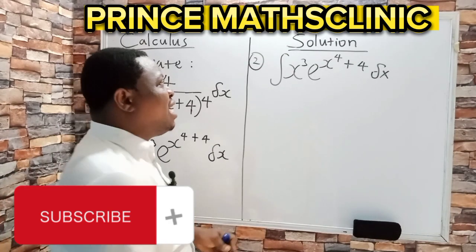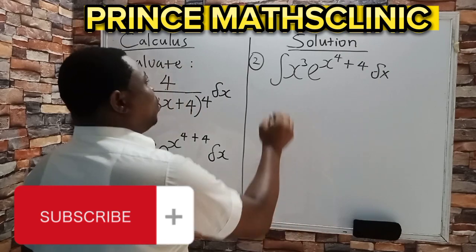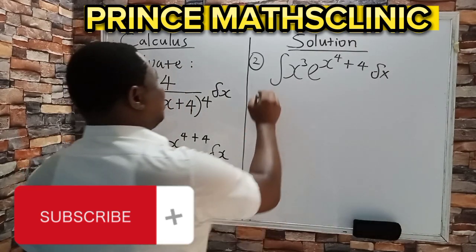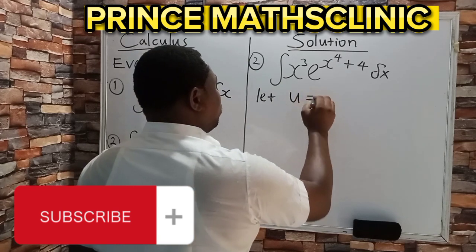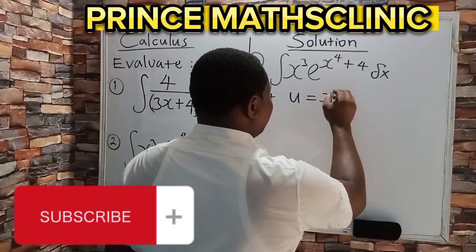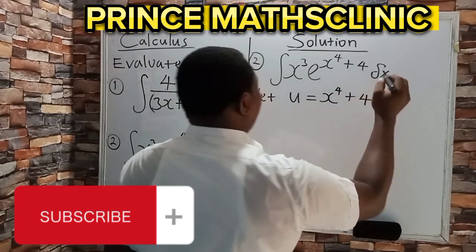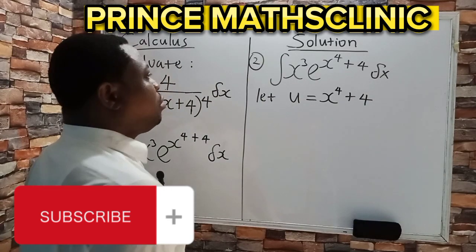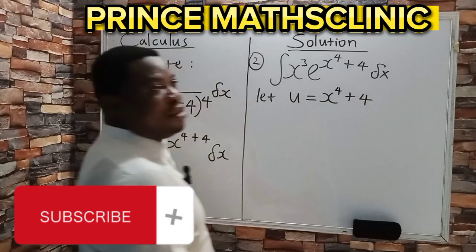The function here is x to the power of 4 plus 4. So using our u substitution again, we are going to say let u be equal to x to the power of 4 plus 4.